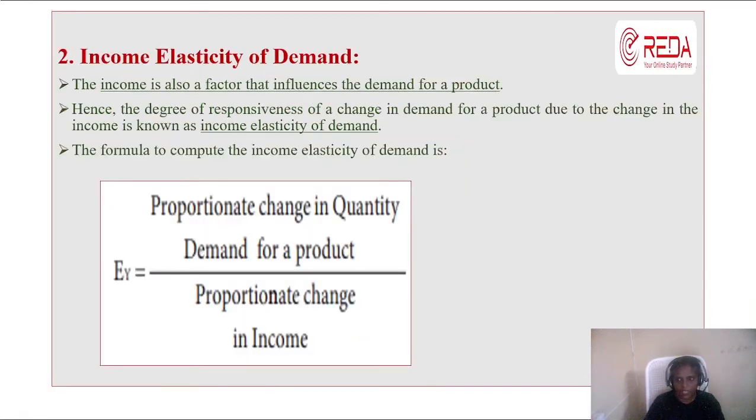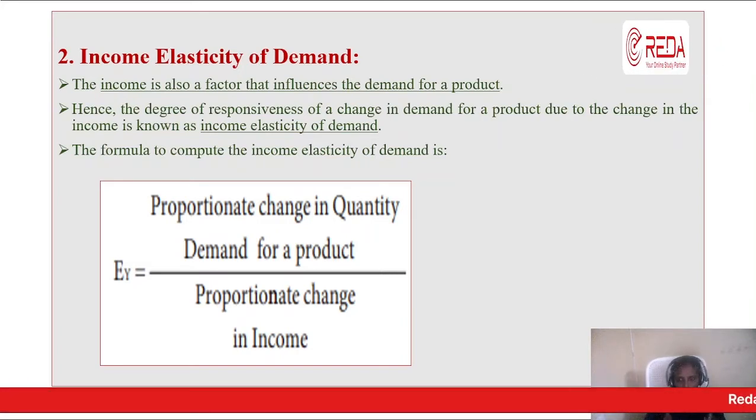The next one is income elasticity of demand. It is the same concept, but whenever there is a proportionate change in income, how far does the proportionate change take place in the quantity demanded for a product or commodity. Just imagine whatever product you are using in your daily life.